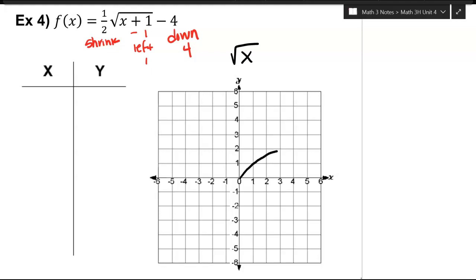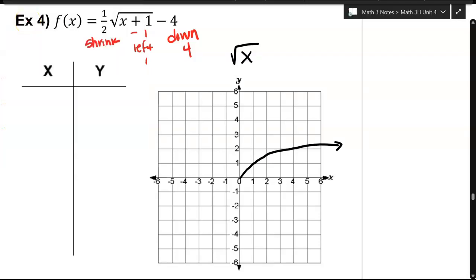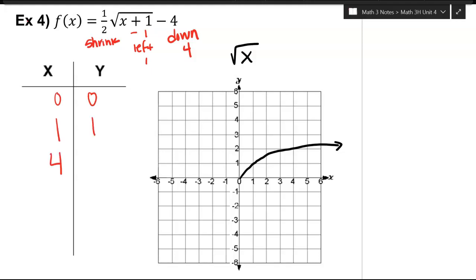So that should be here like this. For our transformations, we have 0, 0, then 1, 1, and then 4, 2. Those are usually your points for your square root graph that you want to have.